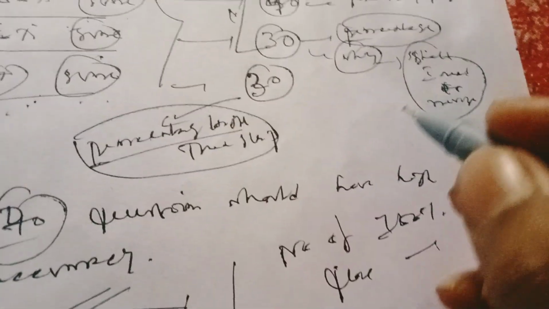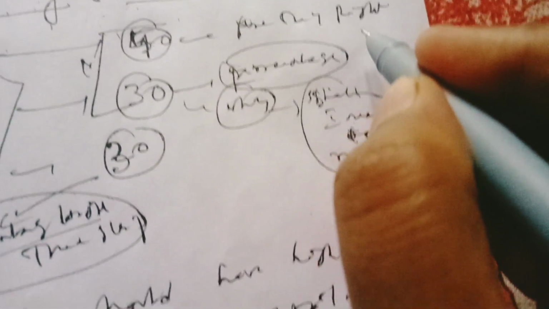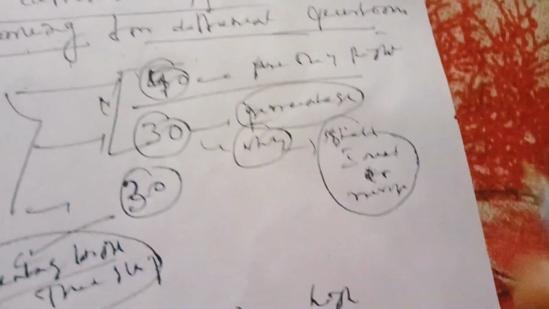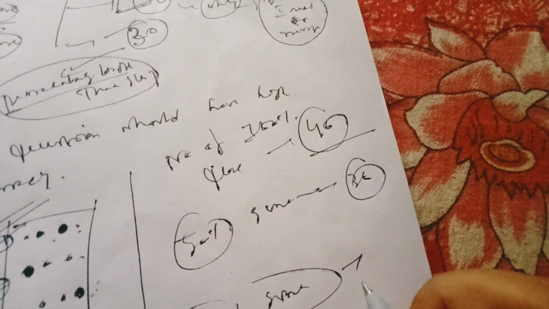Suppose you have attempted 100 questions: 40 questions are 100% sure, 30 questions are 50% sure, and 30 questions are 30% sure.